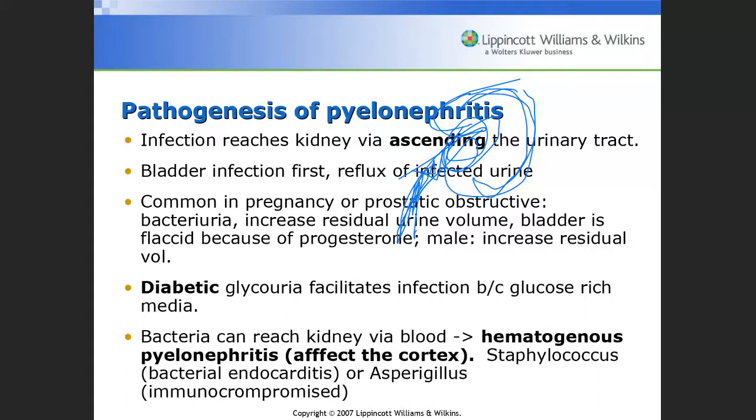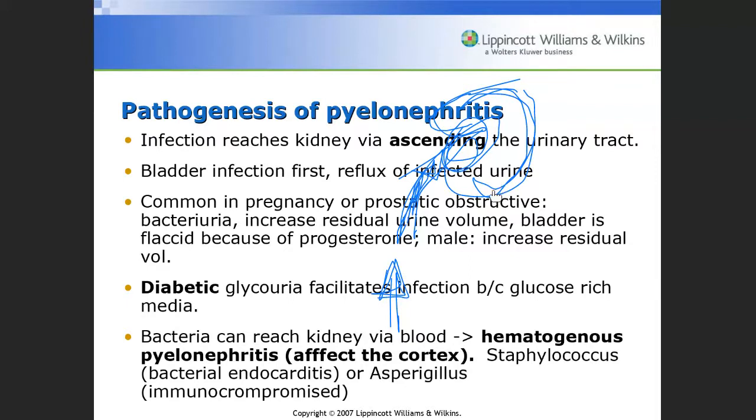Okay, you see that, and that is usually spread not through the ascending route, but rather by hematogenous spread through the blood. And it might not be E. coli, but it could be due to Staphylococcus, okay, or fungal Aspergillus in the case of the immunocompromised.